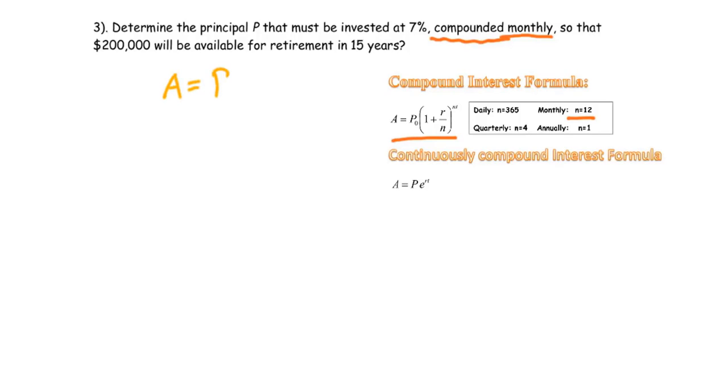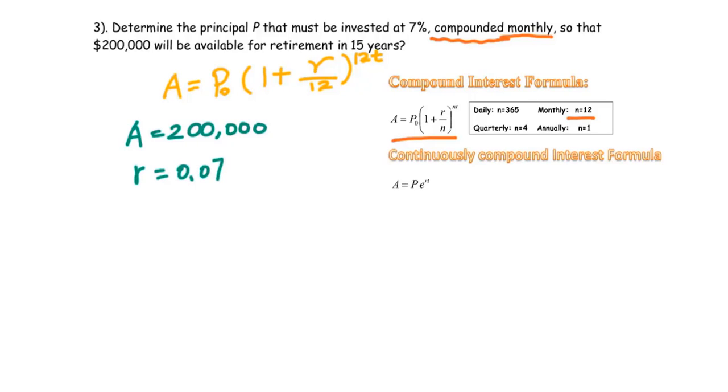A equals principal times 1 plus R over 12, to the 12 times T. We are given A equals $200,000, R equals 0.07, T equals 15. We are looking for this principal.